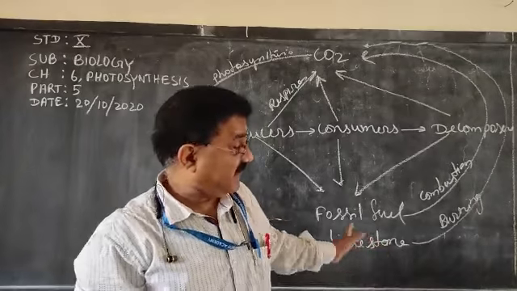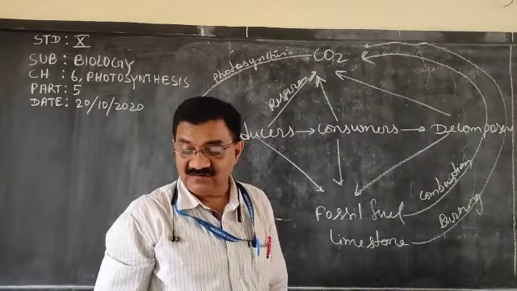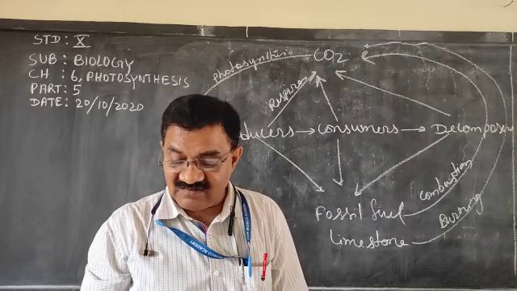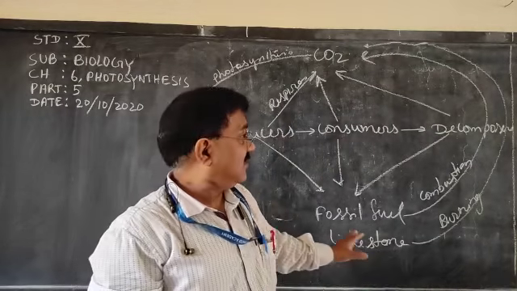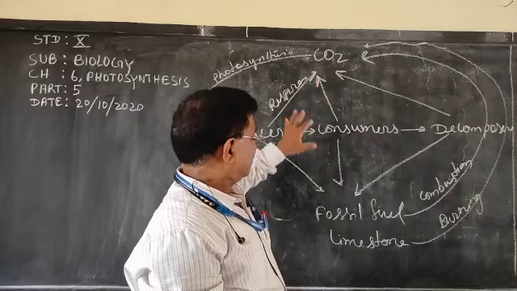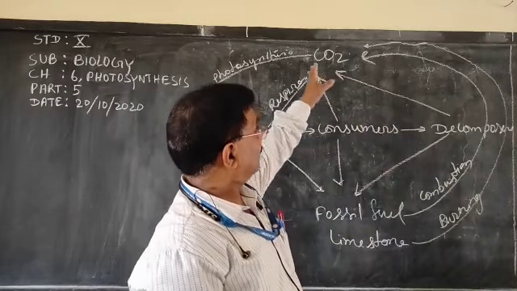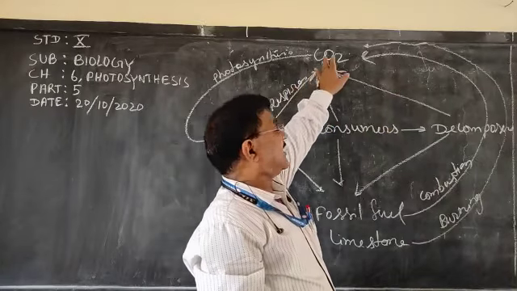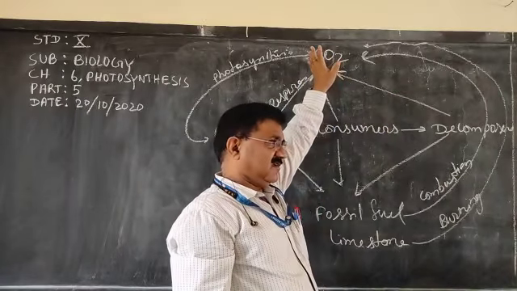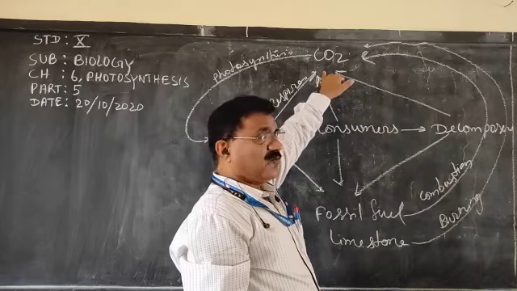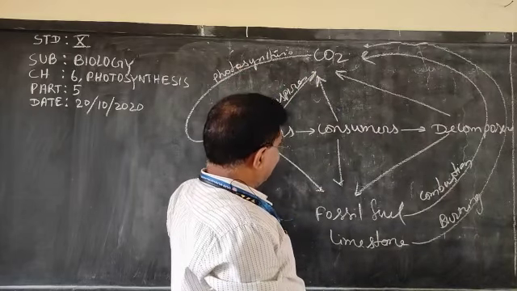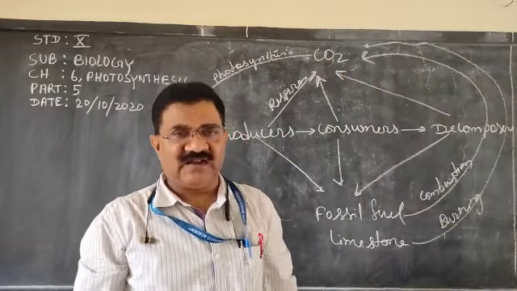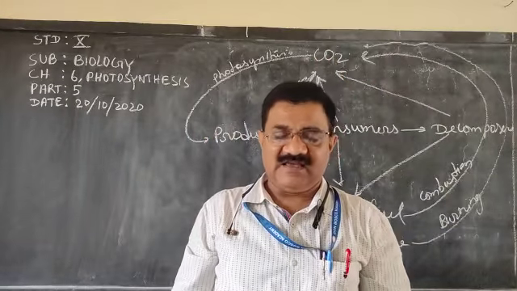And heating limestone also, a certain amount of carbon dioxide is released, and the carbon dioxide is released to the atmosphere. So what you have seen, carbon dioxide which was in the atmosphere, 0.03%, is taken and again returned back to the atmosphere, and it forms a carbon cycle.